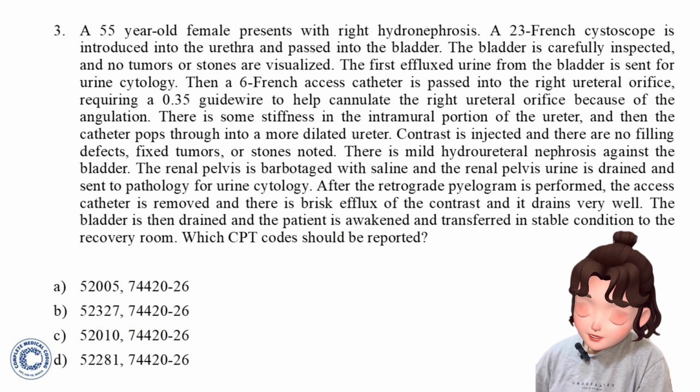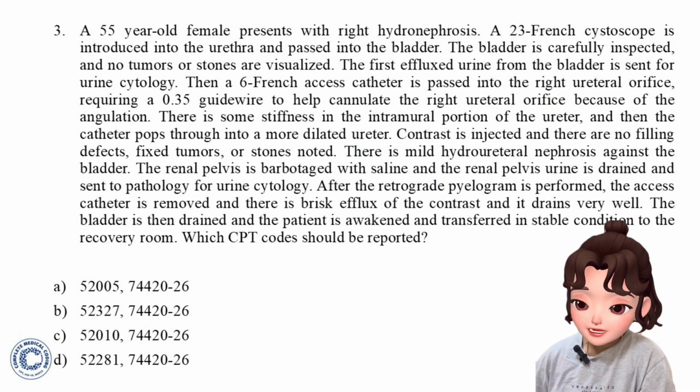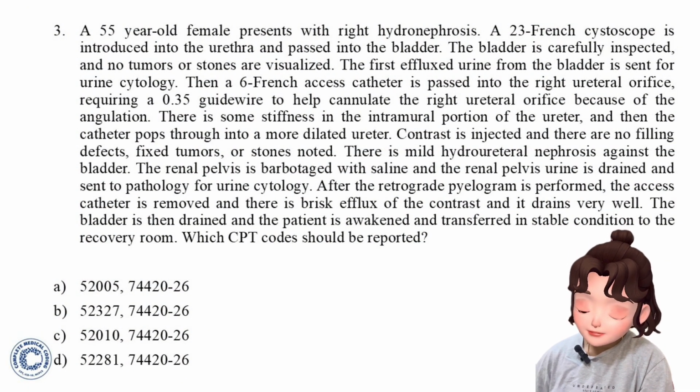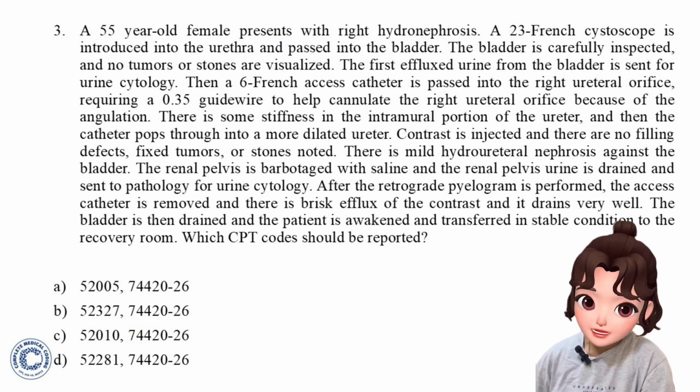Option C, 52010, cystourethroscopy with ejaculatory duct catheterization with or without irrigation, instillation or duct radiography, exclusive of radiologic service. So cystourethroscopy with ejaculatory duct catheterization, that is also wrong.